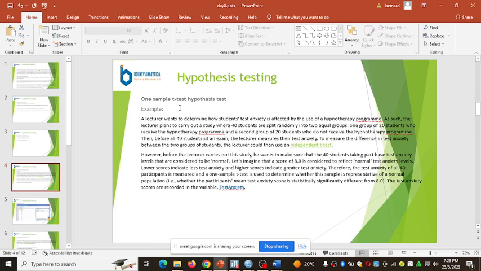Remember, 8 is considered to be normal for this matter. So the test anxiety scores are recorded in a variable that is called test anxiety.